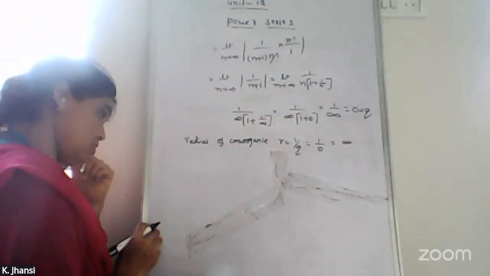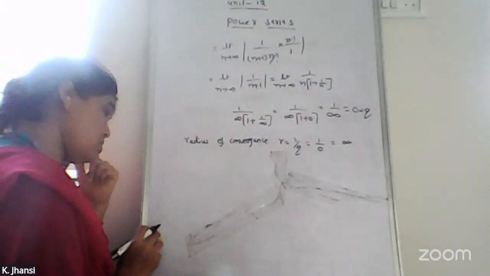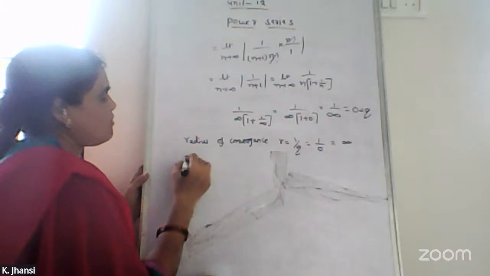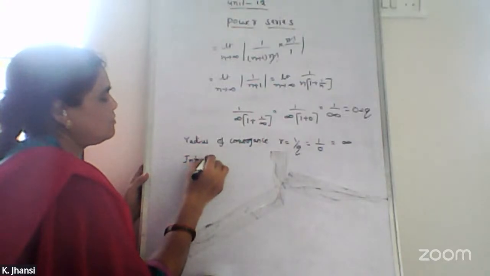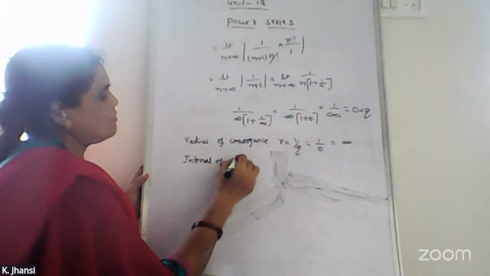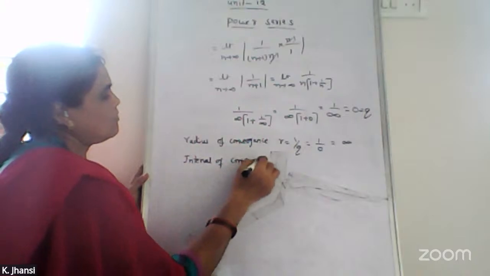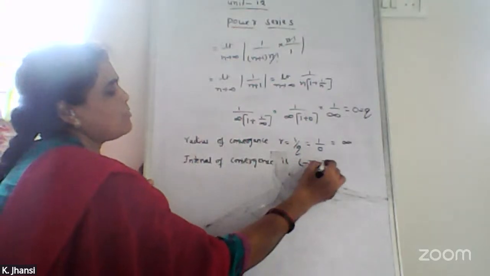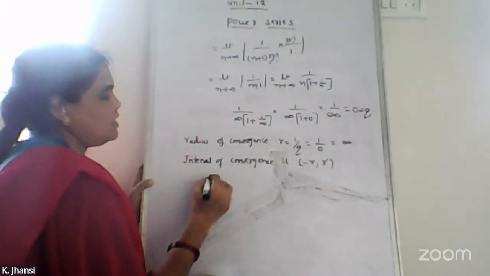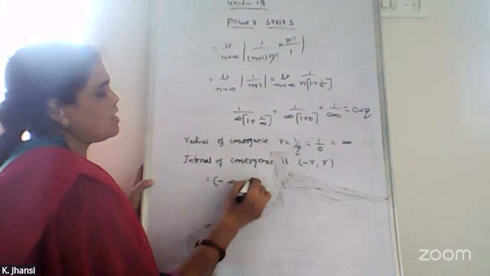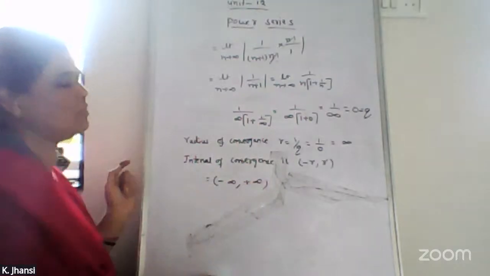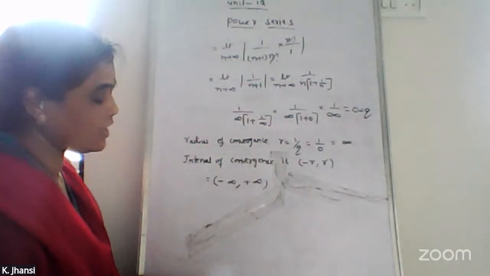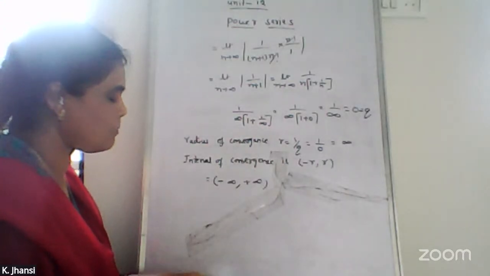Okay. So interval of convergence is minus r comma plus r. So it is equals to minus infinity comma plus infinity. Okay. So like this we have to find the problems for the power series.